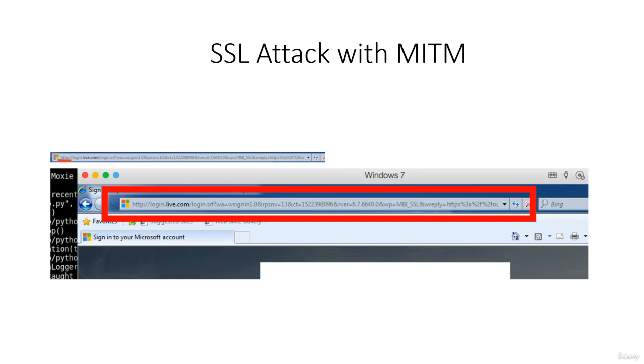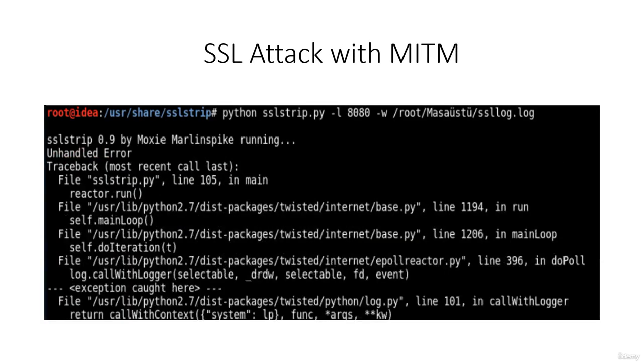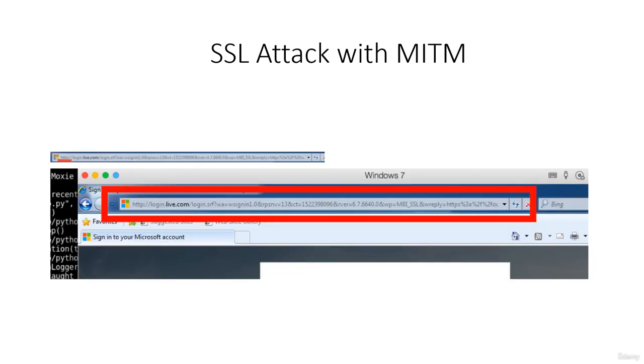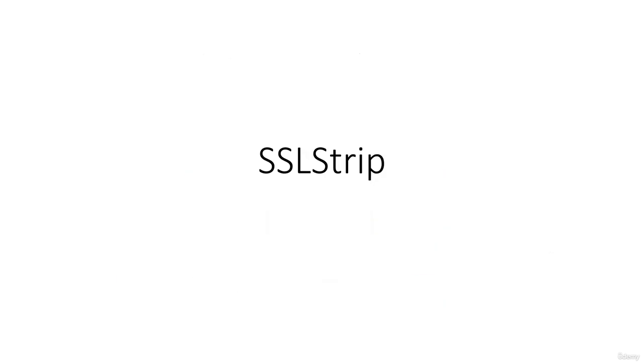ARP spoofing is what we previously used. The ARP table of the switch can be changed by the attacker. Thus, all network traffic of the victim passes through the attacker's computer, which can access it. It means the attacker's computer acts as a switch for the victim computer. This is called the ARP spoofing or ARP poisoning technique. And that is all for SSL strip.